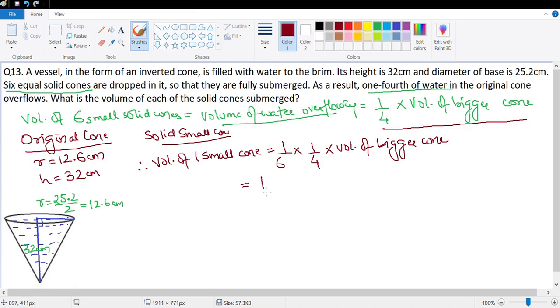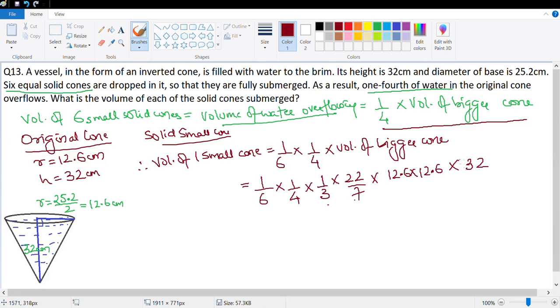So that's 1 by 6 into 1 by 4, and the volume of a cone is given by the formula 1 by 3 pi. Have they suggested which pi to take? No, so we'll keep it as 22 upon 7. So that's 1 by 3 pi r square. R is 12.6 into 12.6, that's r square, into h, and h is 32.